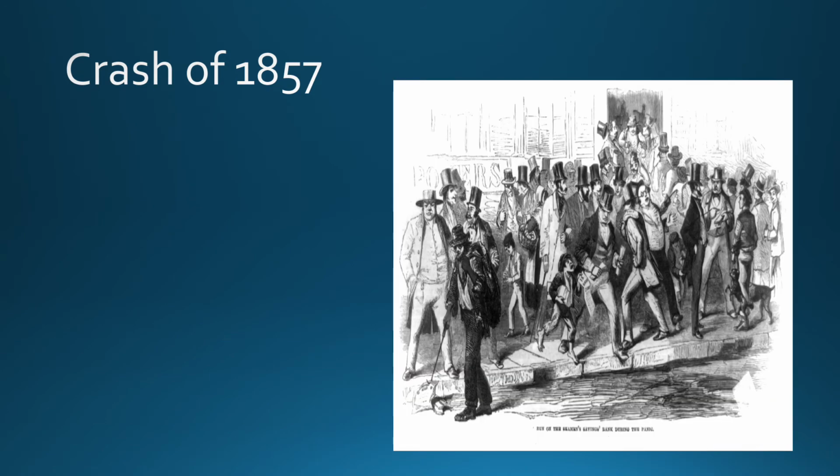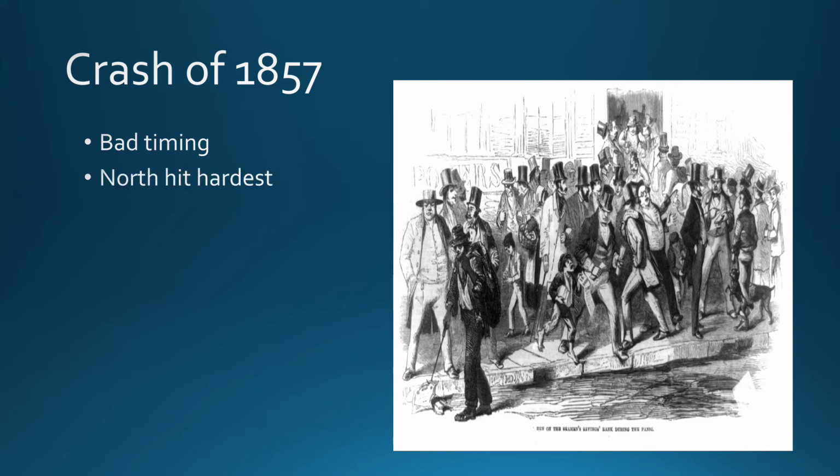Okay, amidst all of this, there's going to be another financial crash. To be honest, this crash that occurs in 1857 is not nearly as bad as in 1837 or even 1819. But amidst everything going on, it's just very, very poor timing and psychologically draining.